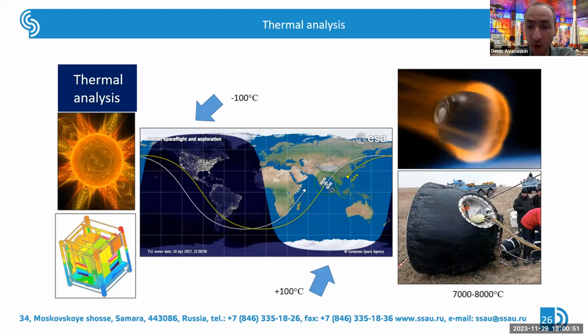During this 1.5 hours, the temperature in the satellite rises in the part where the sun hits our satellite, and in the eclipse, on the dark side, when the satellite flies in the shadow of our Earth, the temperature goes down.